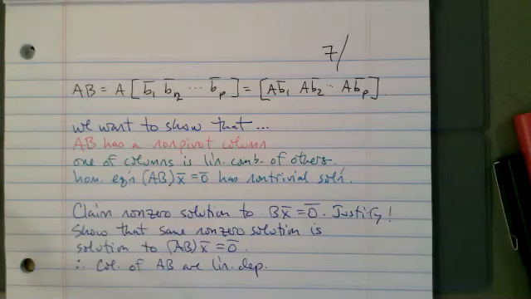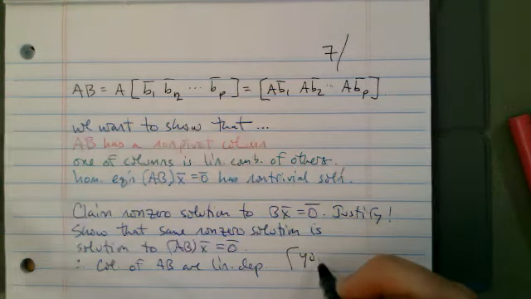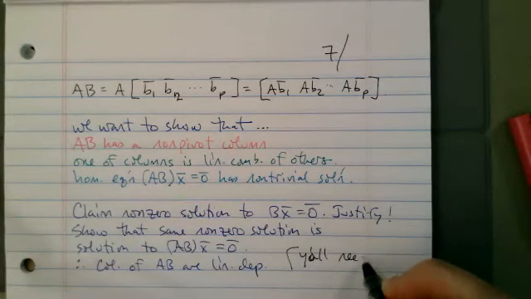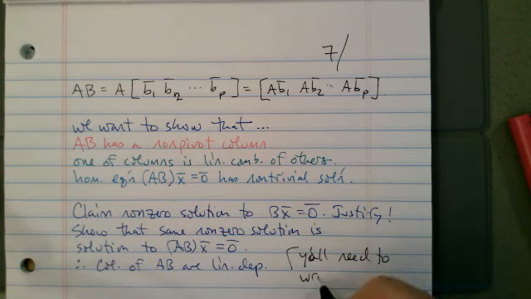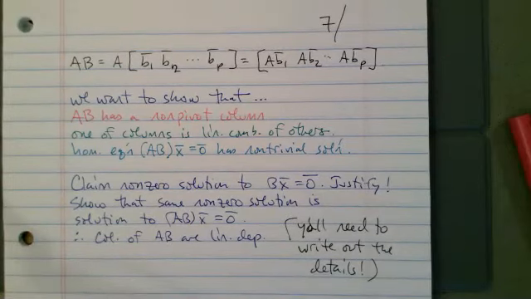Any questions? This is not a complete proof. You're going to have to write the details. Y'all are going to need to write out the details for this. But that's a roadmap to how this should work.